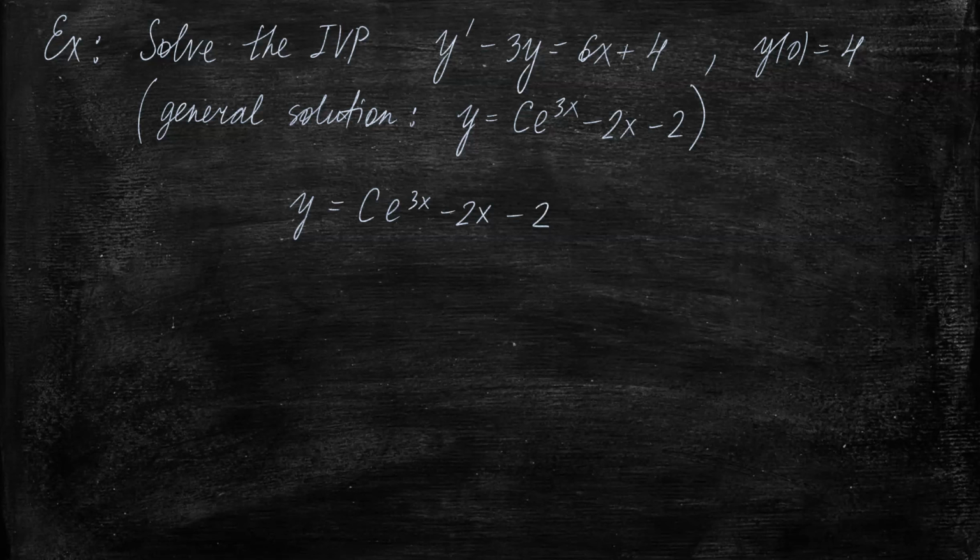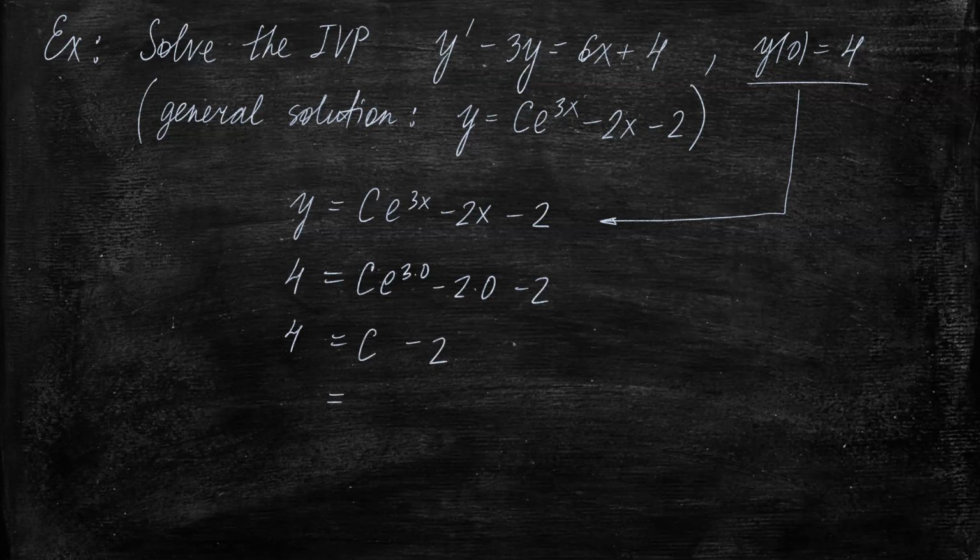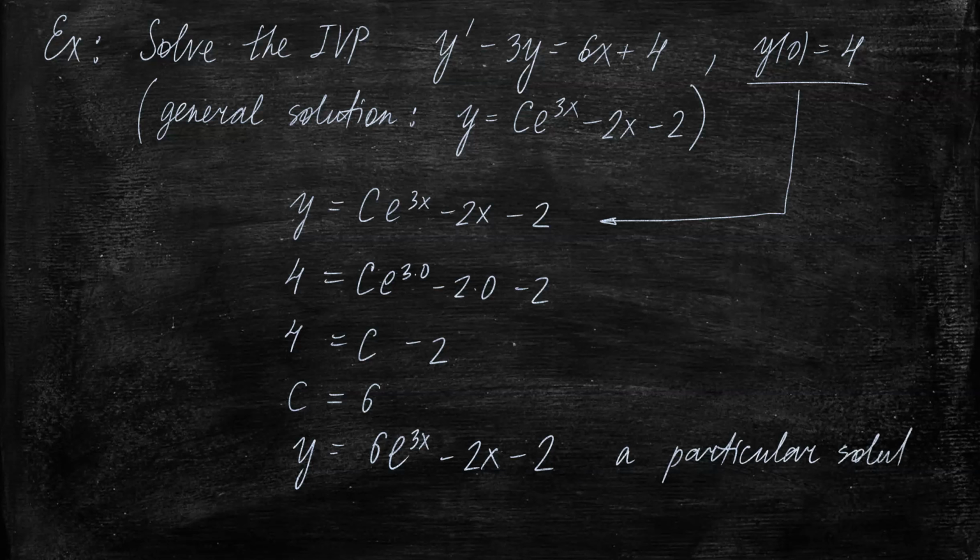In general, we would have to solve the differential equation first, and now we take this initial condition and we plug in 0 for x and 4 for y, and as a result we get an equation in terms of c, and c is equal to 6, and therefore y equals 6 e to the power 3x minus 2x minus 2 is a particular solution that solves this initial value problem.